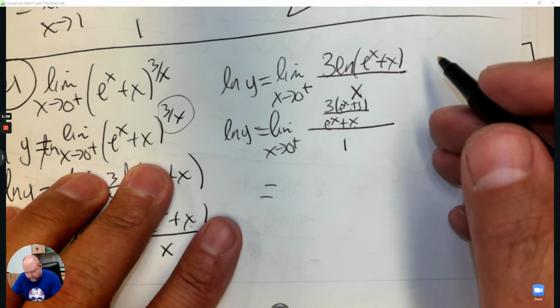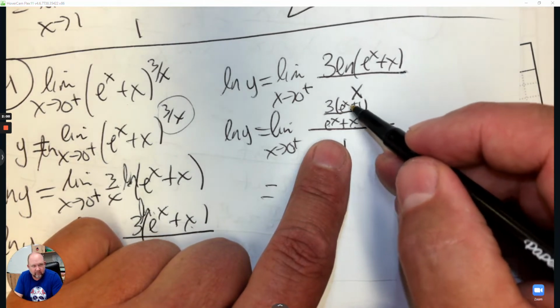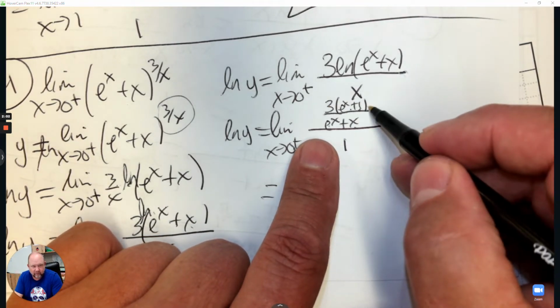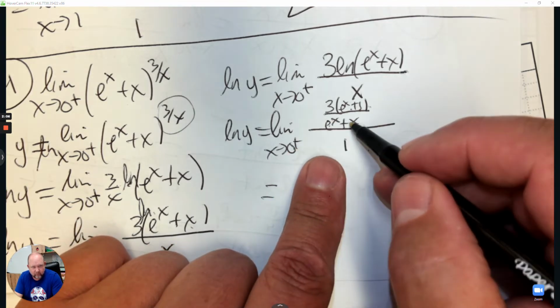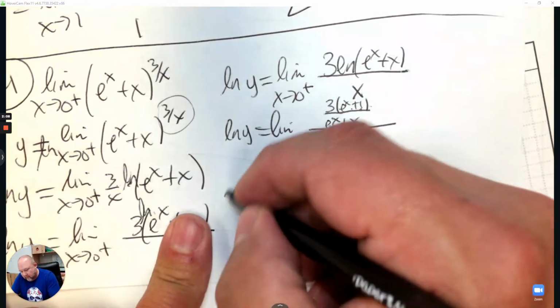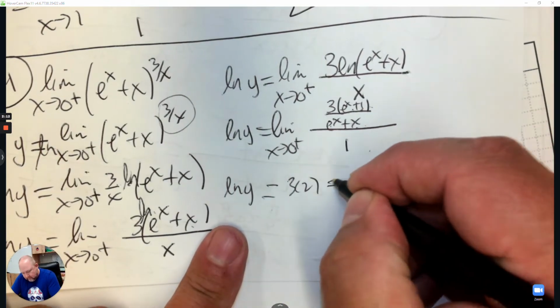So 2. So e to the 0 is 1 plus 1. So that's 3 times 2. That's going to be divided by 1 plus 0. So that's just 1. So all of this ends up being 3 times 2, which is 6.